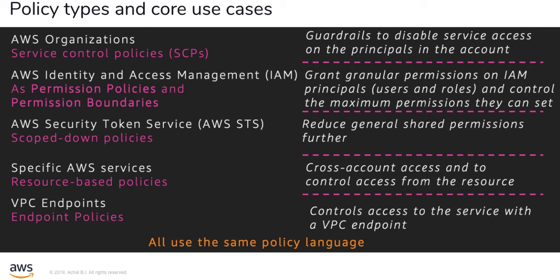These provide guardrails to disable some of the service access based on the principals in the account. These are very important and widely used policies when you have an organization and many accounts under those organizations.